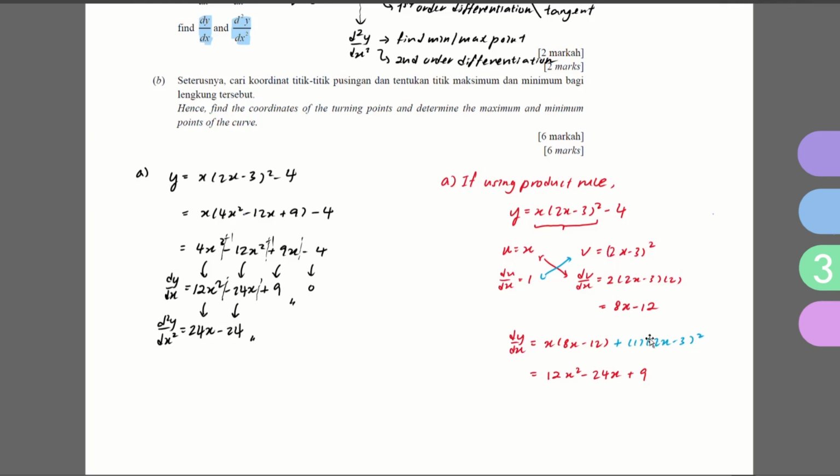It will involve a lot of computation and have a higher risk of careless mistakes. So what I suggest is, since this equation is not too hard to expand, I would advise students to expand first and then differentiate. It will be much easier and more straightforward.